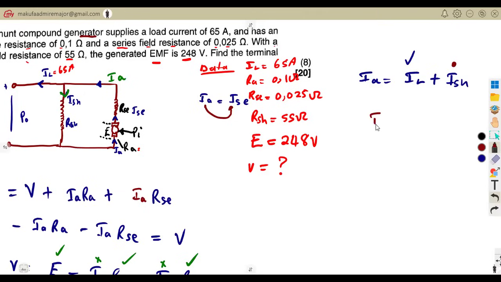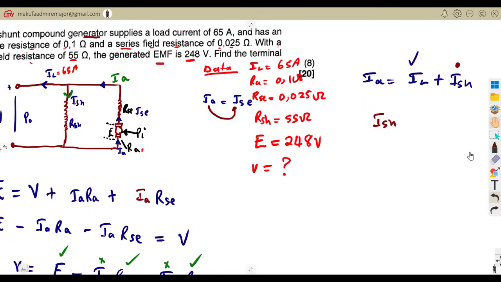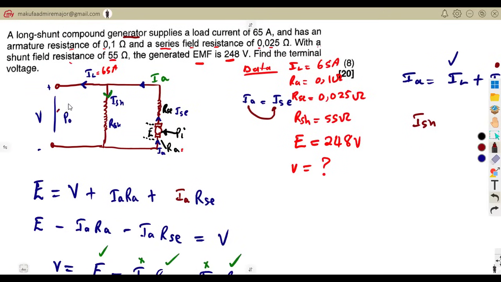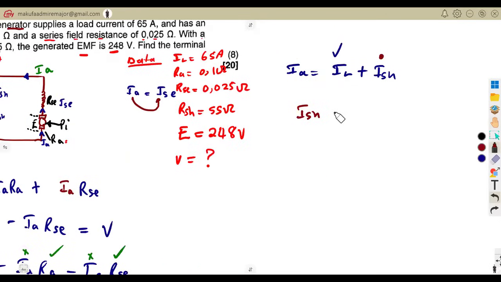What is our current in the shunt? In the shunt, we take the terminal voltage V to be the voltage that is affecting the shunt directly. So with that understanding, I shunt is V over R shunt. Okay? You remember your formulas also, guys. That is V over R shunt.